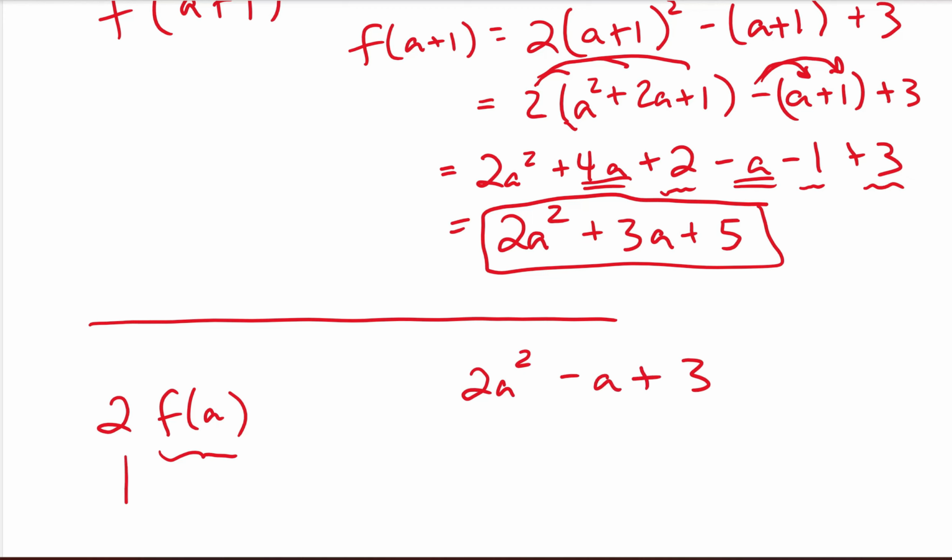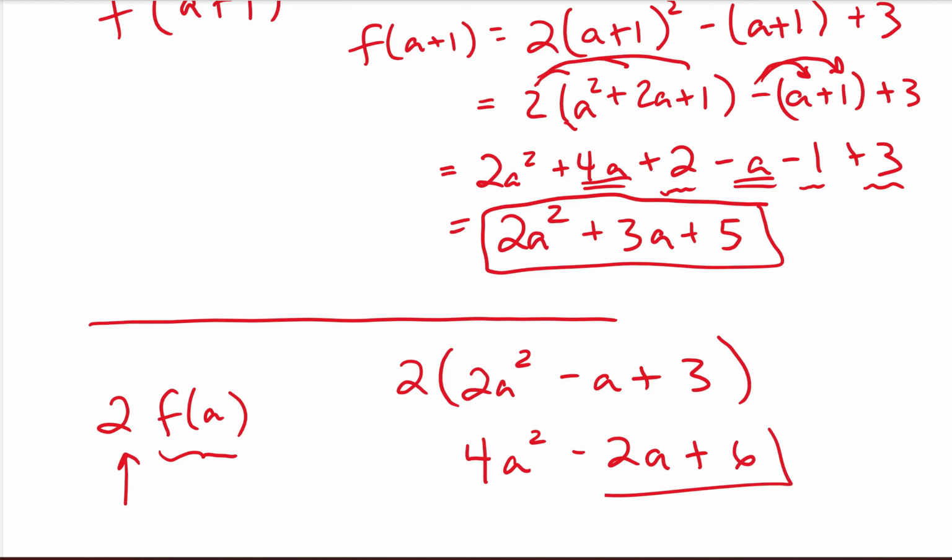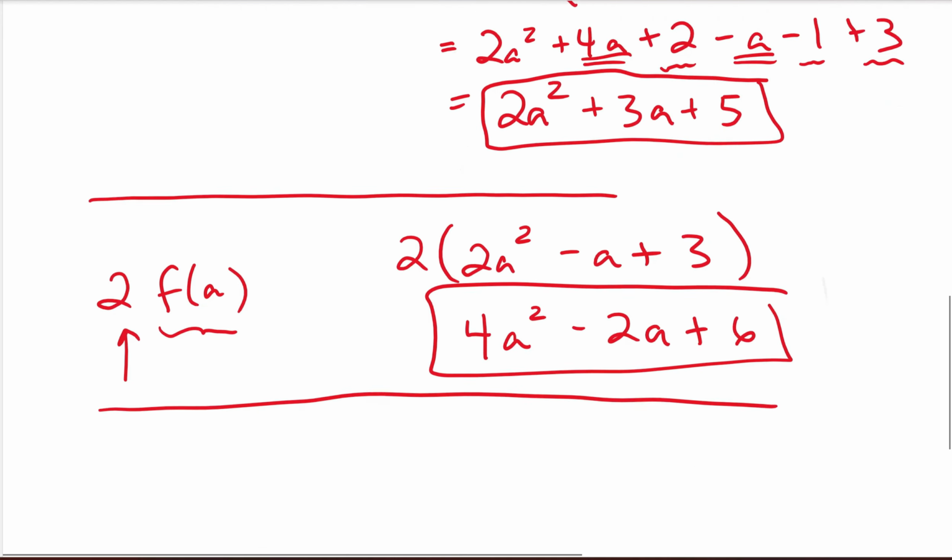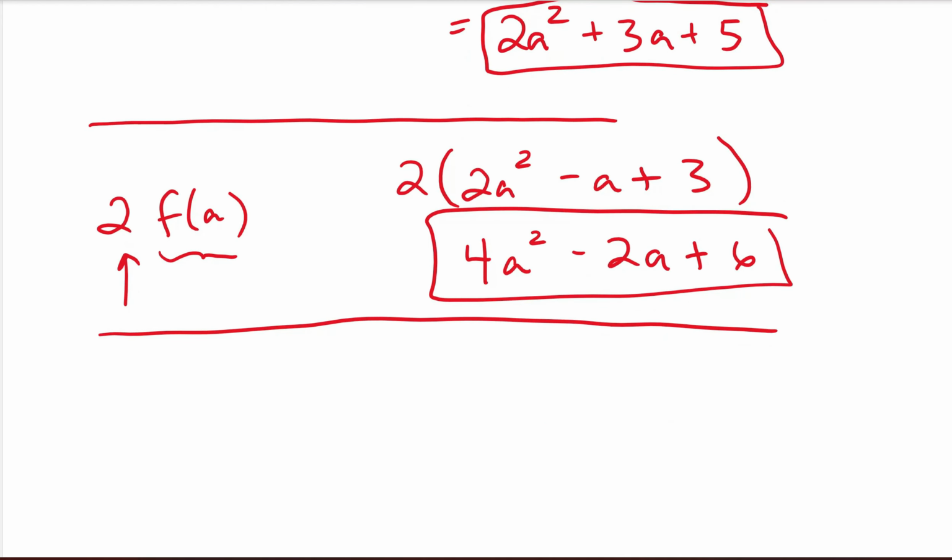So all this is saying is to multiply that constant of 2 times that f of a. So we get 4a squared minus 2a plus 6. Okay, so that's another way you may see them ask you further problems on it.